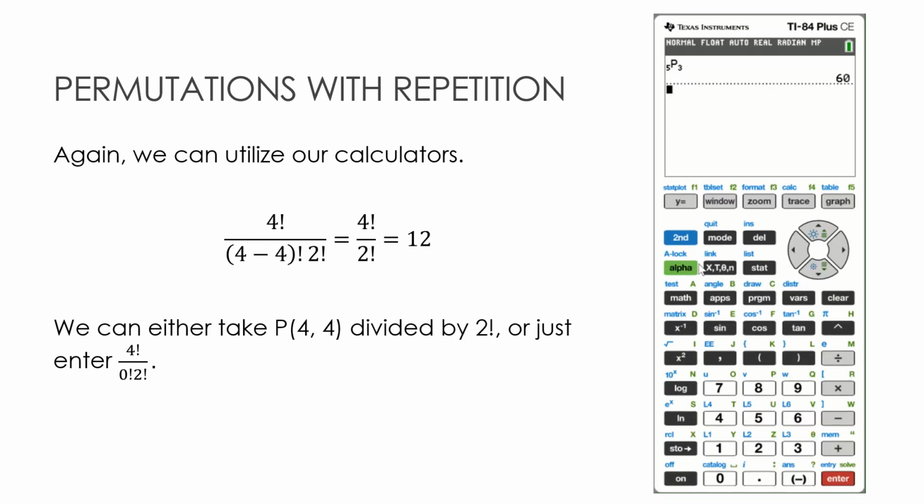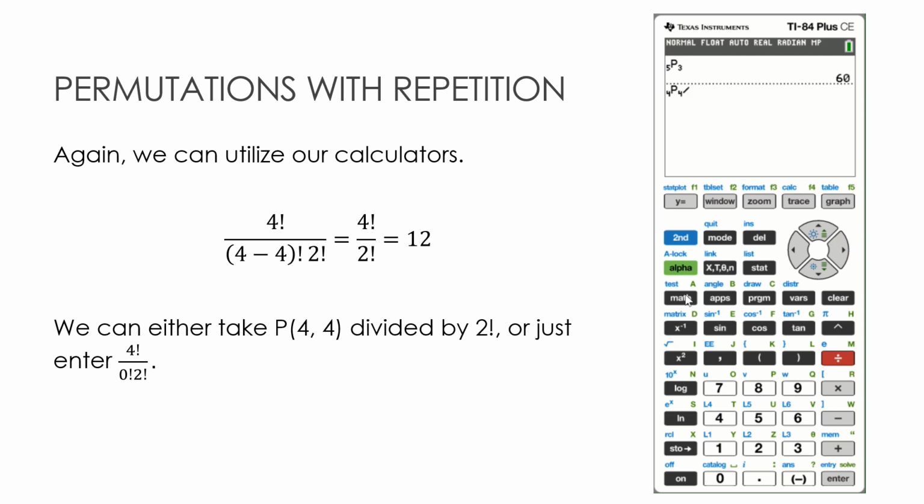Again, we can use our calculators for this, and we're going to do that real quick before we try any more practice together. I can go through the same steps that I did before, which was math, arrow to probability, choose nPr, and in this case I had 4 options and I'm using all 4 of them, but because I'm dealing with O and another O, I'm going to divide by 2 factorial.